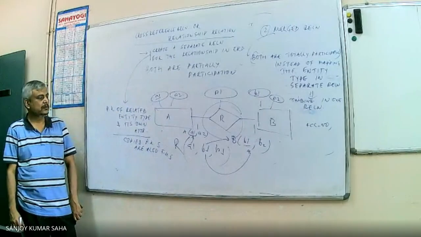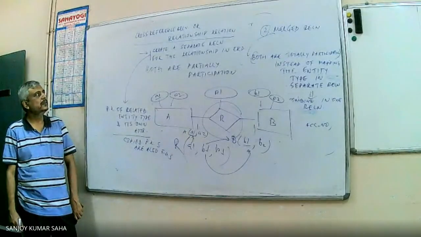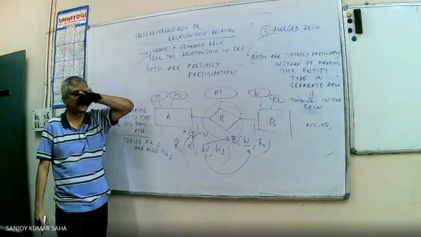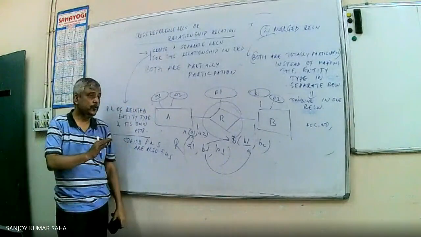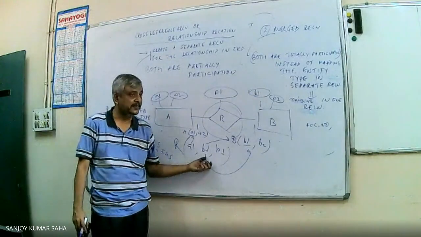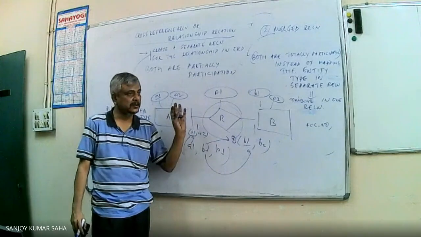Right? So see, whatever approach we follow, merged relation, foreign key approach, or cross-reference relation, everywhere we are getting some relation where we can identify the foreign keys, which will be referring to the primary key of some other relation.